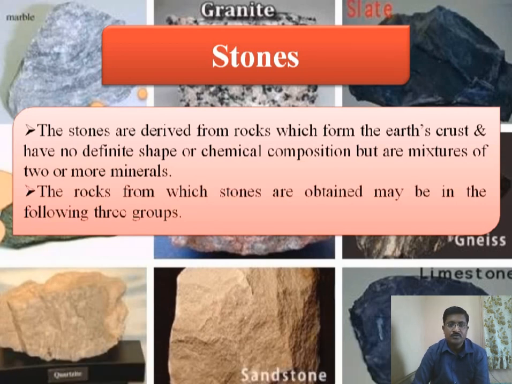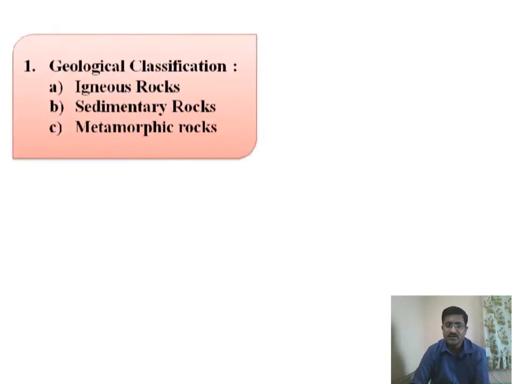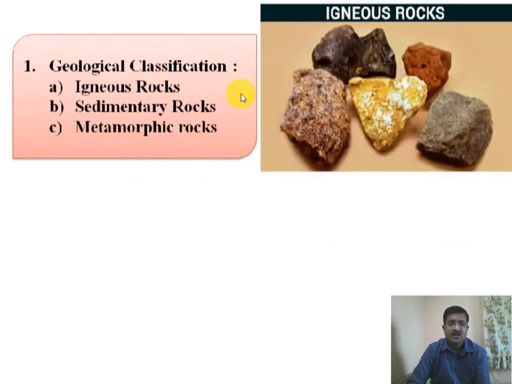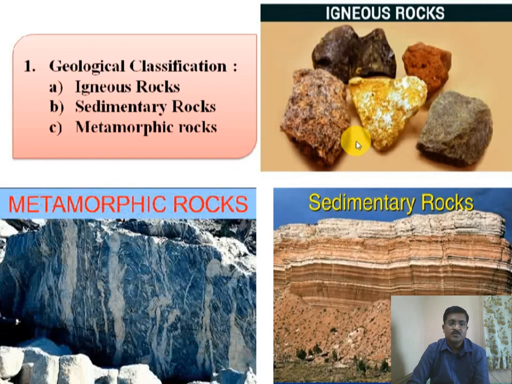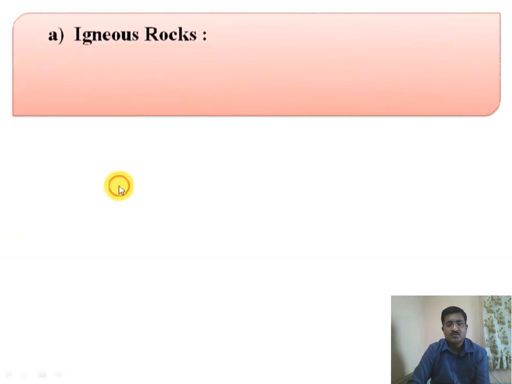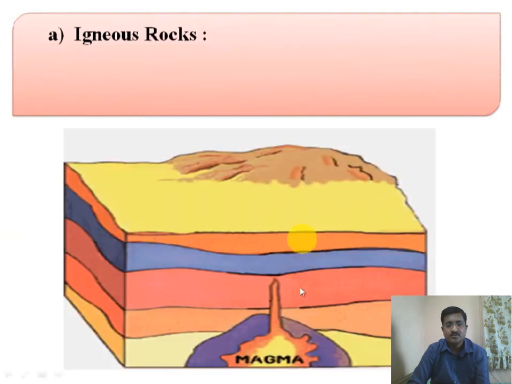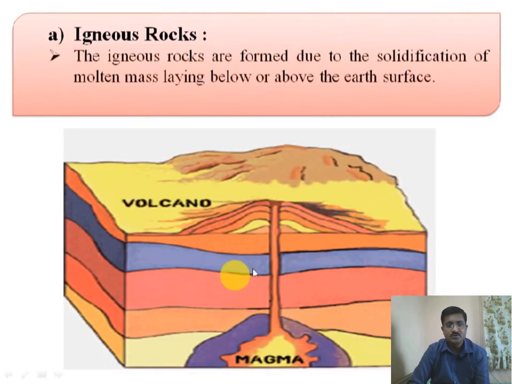The stones are obtained in many ways. There are three categories in the geological classification: igneous rocks, sedimentary rocks, and metamorphic rocks. You can see in the pictures how these are formed.